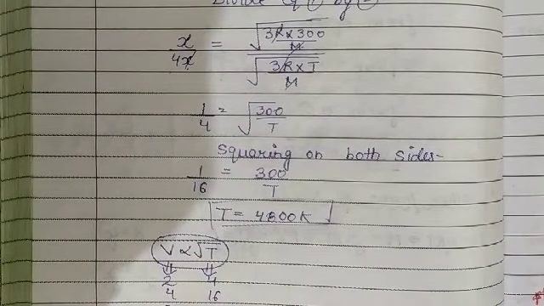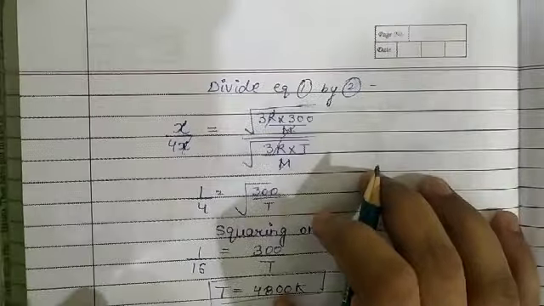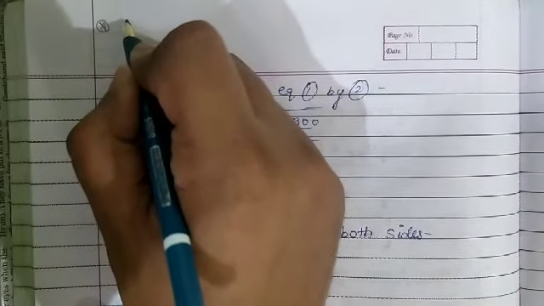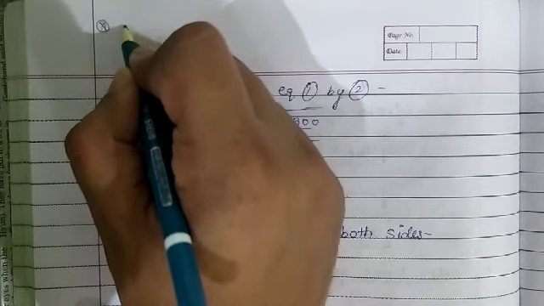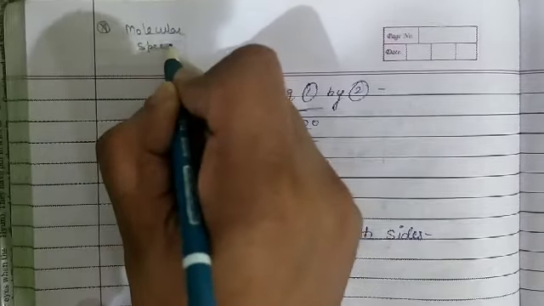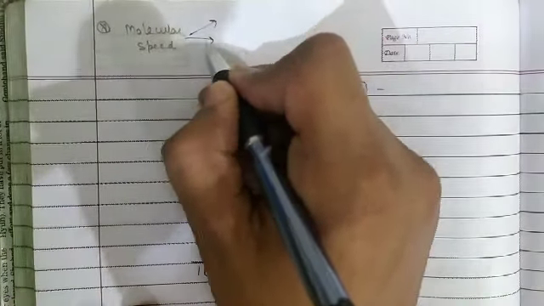So in this lecture we have discussed different types of graphs and molecular speeds. Take a look at all we have discussed. How many types of molecular speeds are there? Basically 3.